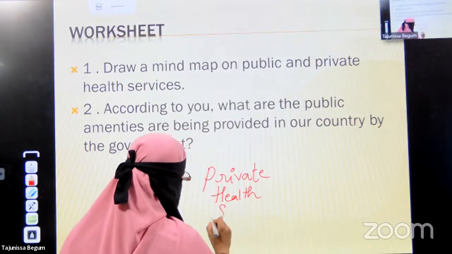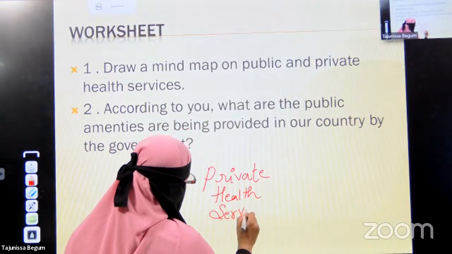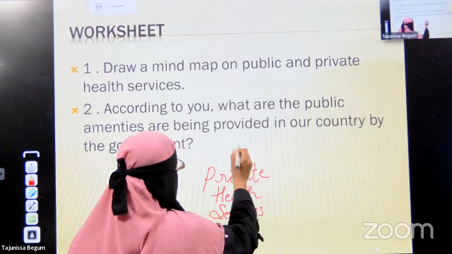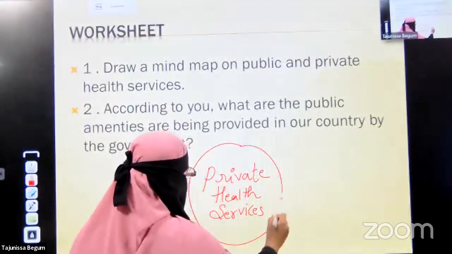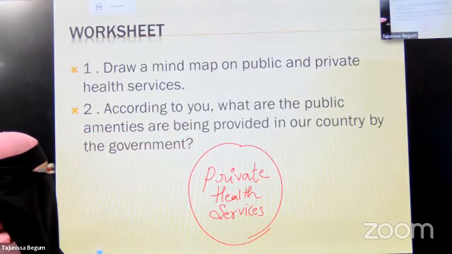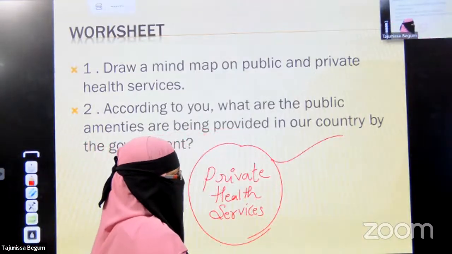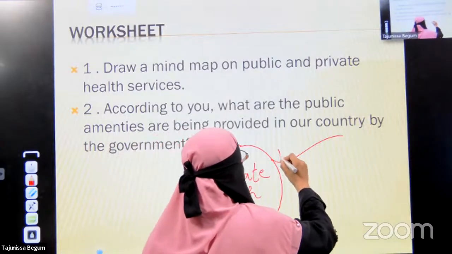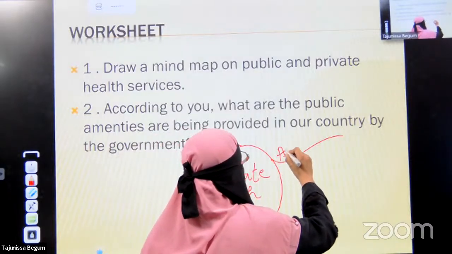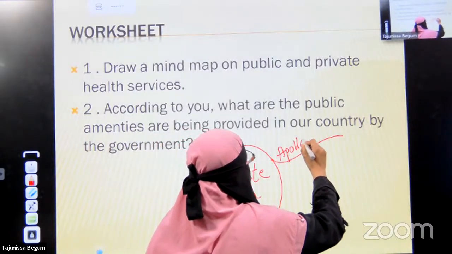Private health services. Now come on, tell me, what do we understand with the private health services? Tell me some private hospitals' names. Like Apollo Hospital.